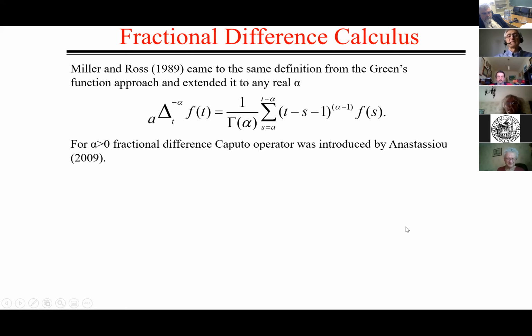Now, exactly identical result for the n-fold sum, for n integer order or alpha order sum, was obtained by Miller and Ross back in 1989, and they used Green's function approach.